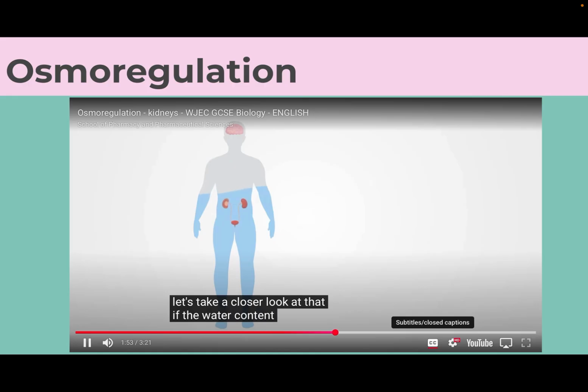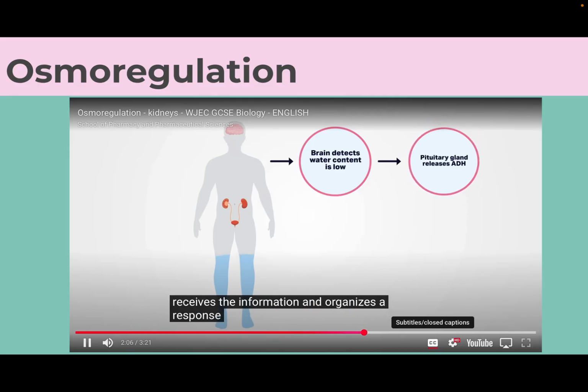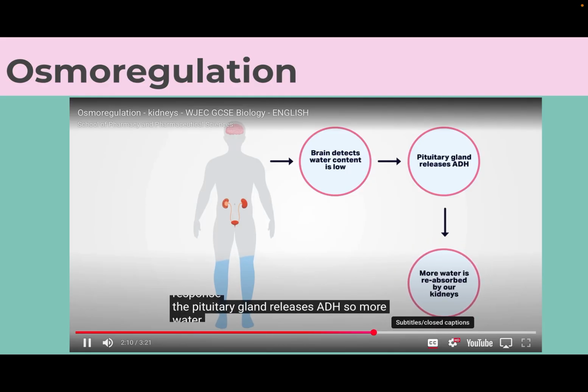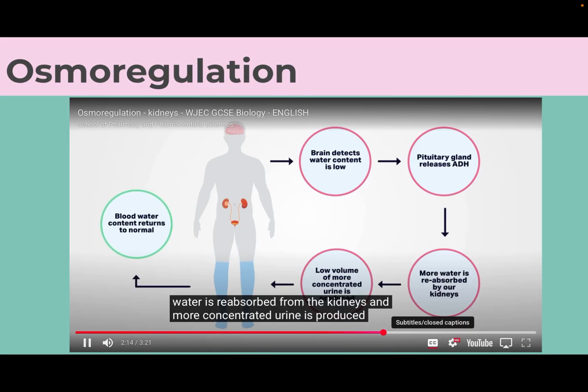If the water content of the blood decreases, a receptor in our brain detects that the water content is too low. The coordination center in the brain receives the information and organizes a response. The pituitary gland releases ADH, so more water is reabsorbed from the kidneys and more concentrated urine is produced.